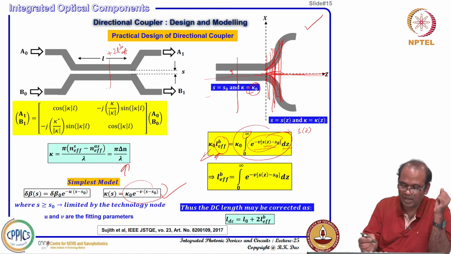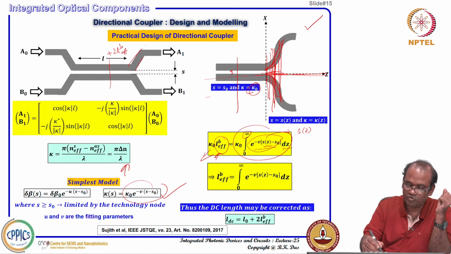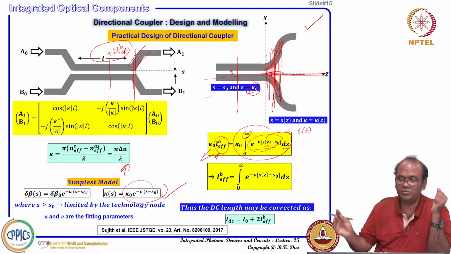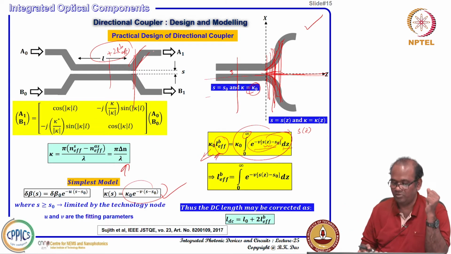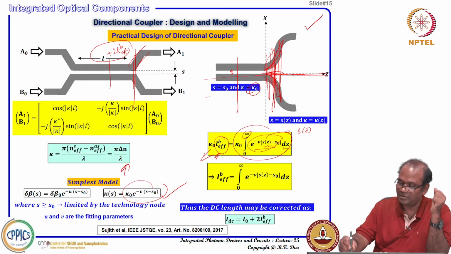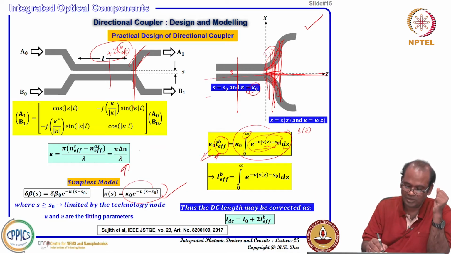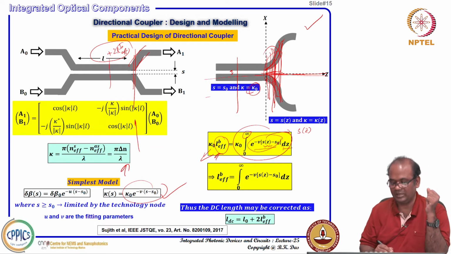Even though I am showing it here, we can assume that the waveguides starting from here are not coupled anymore, because the effect in the coupled region I have included in the total length, so that I can use this transfer matrix perfectly.